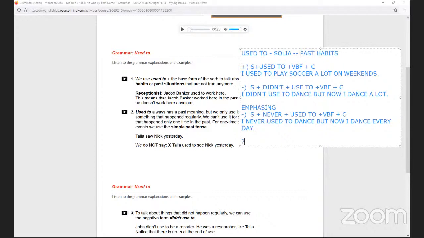Okay. So this is in negative. When we use it in questions, we're gonna have the auxiliary did at the beginning, subject, used to, plus verb in base form, and the complement. I can say, for example, did you used to, I don't know, did you used to work night last year?